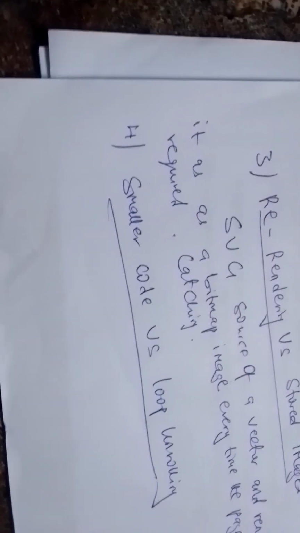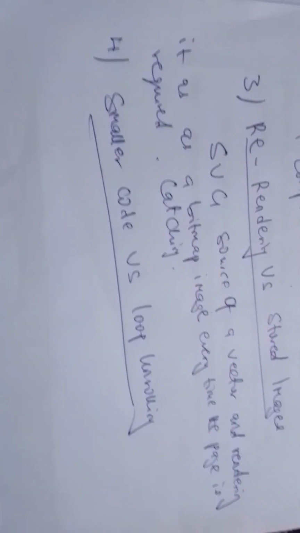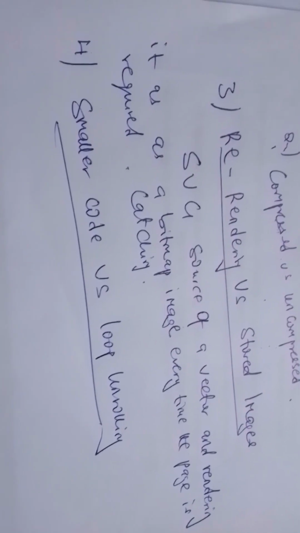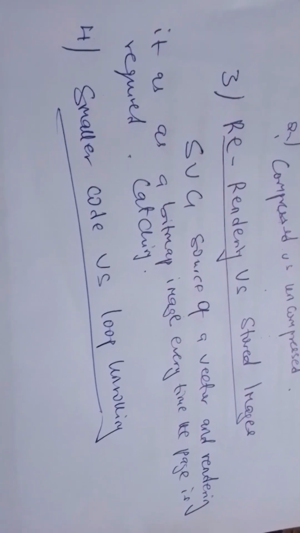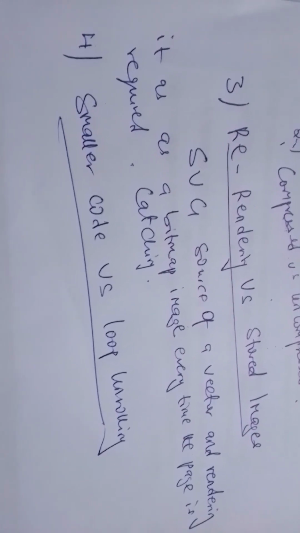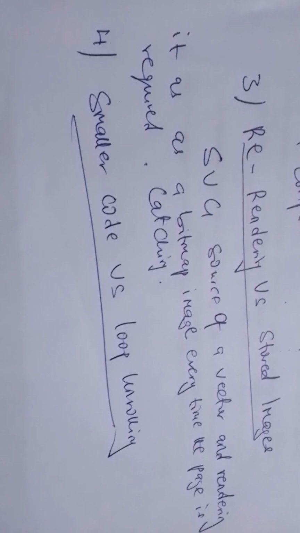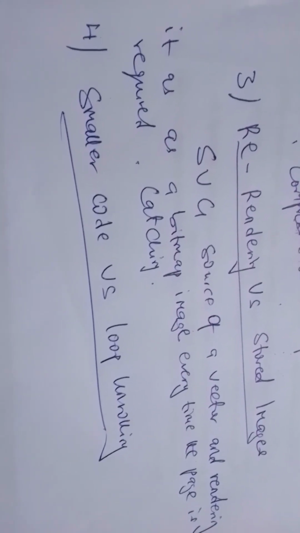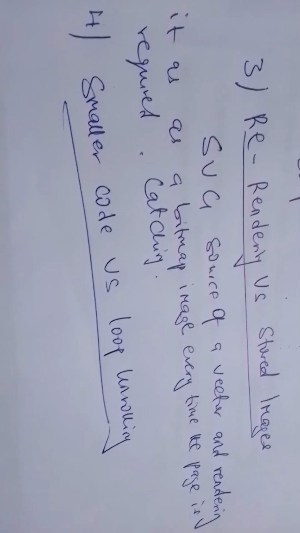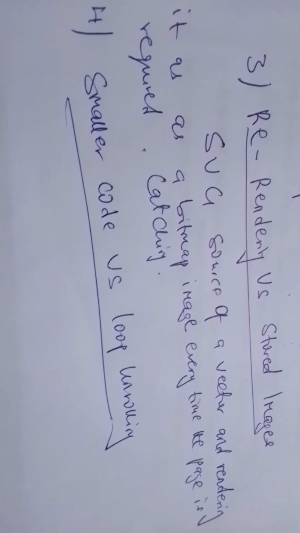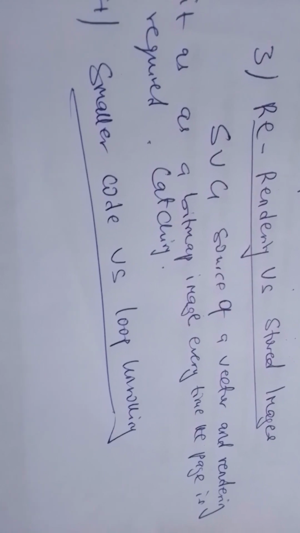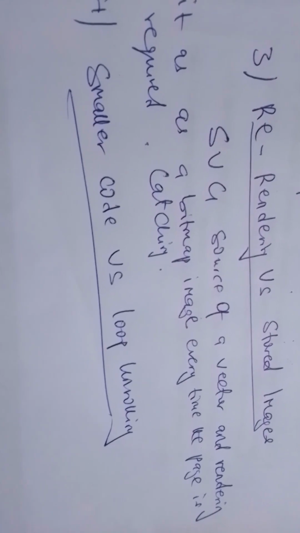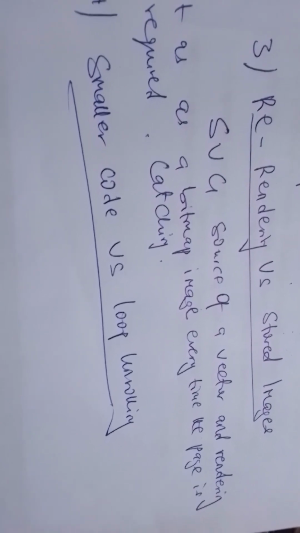Then the last one is what we call smaller code versus loop unrolling. This technique is commonly used to make the code longer for each iteration. Taking iteration in a loop saves computational time, but the problem is that the loop will be jumping back and forth from the beginning of the loop to the end of the loop at each iteration.